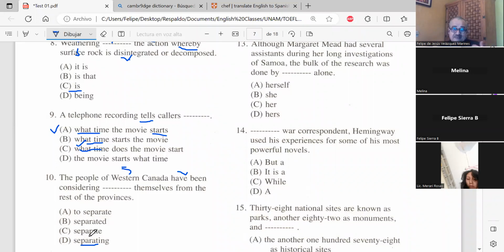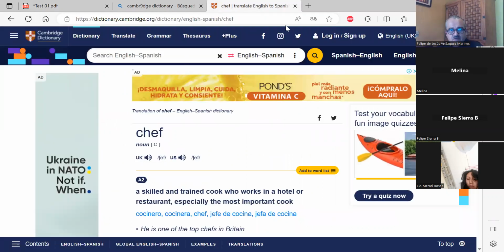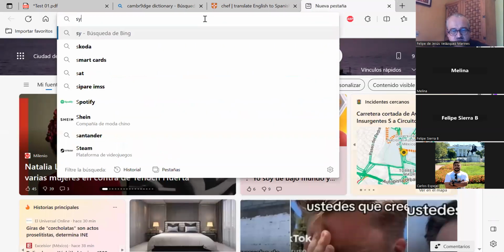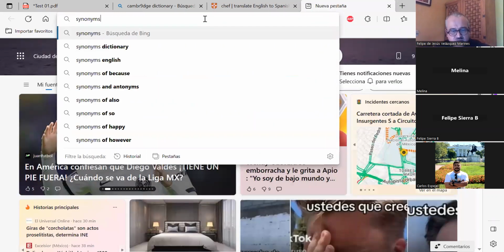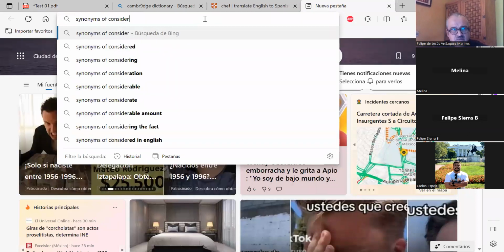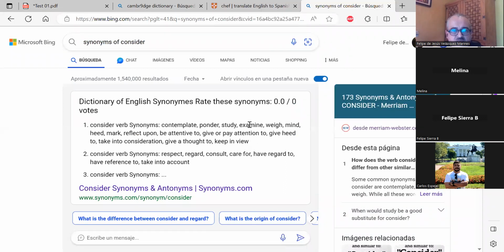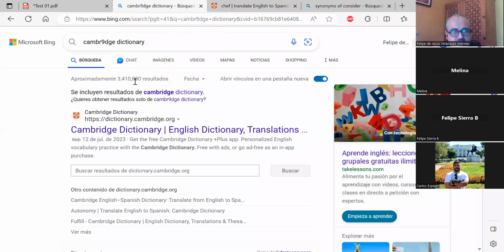Synonyms of consider: analyze, evaluate, ponder, contemplate, study, examine. So I say, okay, analyze.